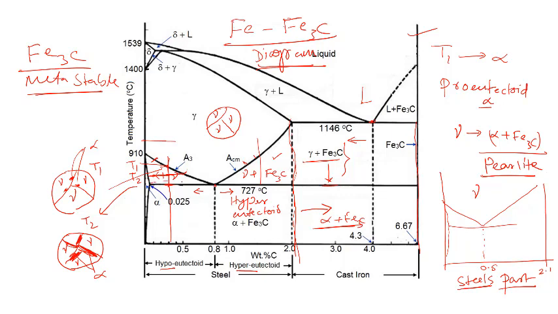It will come like this for the eutectoid, let's say, a little different, or a little up and down compared to the iron Fe3C diagram. A little bit of differences you would see. Rest of the things, and how the phases coexist, the equilibrium, all those things will remain the same. Only difference being, as I said, because of the presence of free carbon, you might see some differences in the phase boundaries in terms of the temperature. Okay. So just remember that.